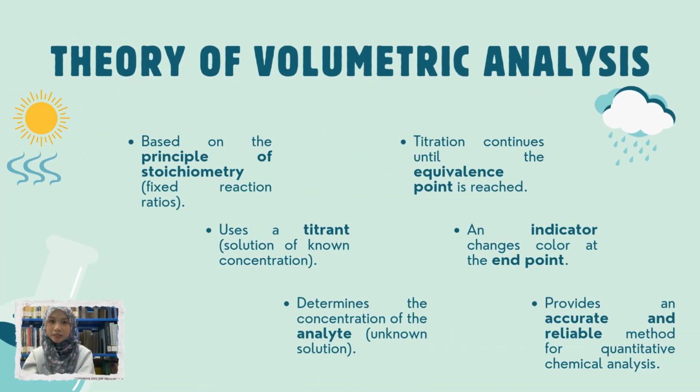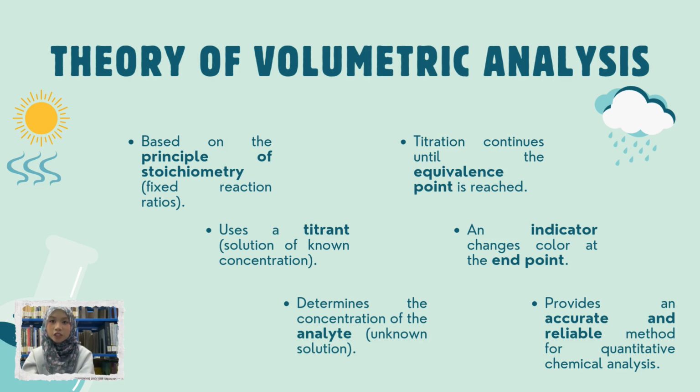Volumetric analysis is based on the principle of stoichiometry, which means chemical reactions occur in fixed ratios. By carefully measuring the volume of a solution of known concentration, called the titrant, we can determine the concentration of an unknown solution, known as the analyte.